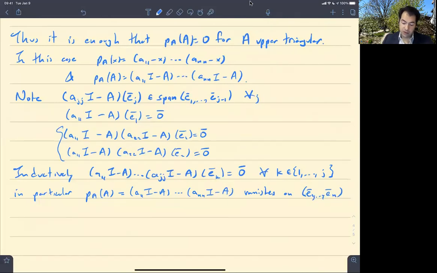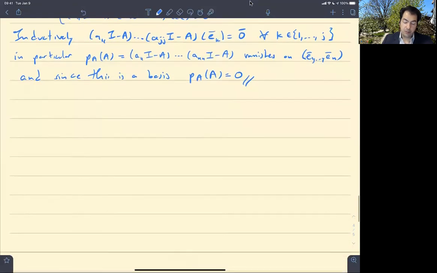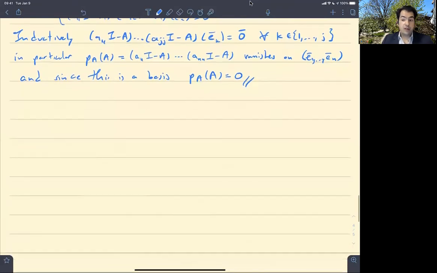And since that forms a basis, we see that this matrix must be identically the zero matrix. Okay, so wonderful. That's the Cayley-Hamilton theorem. It's a very cute theorem. Here's one easy consequence.